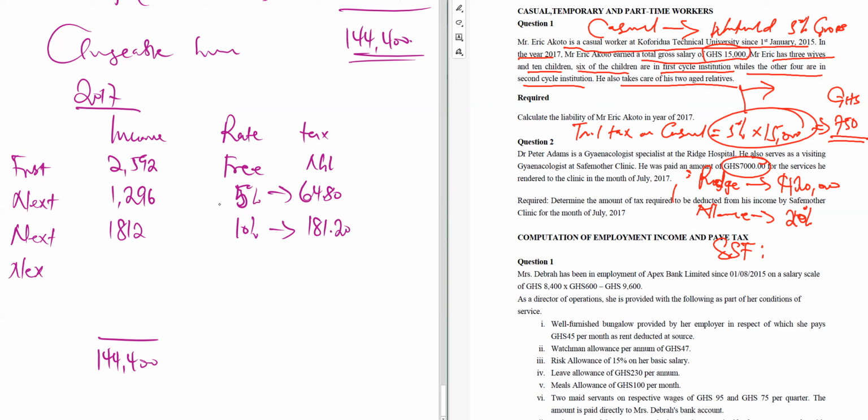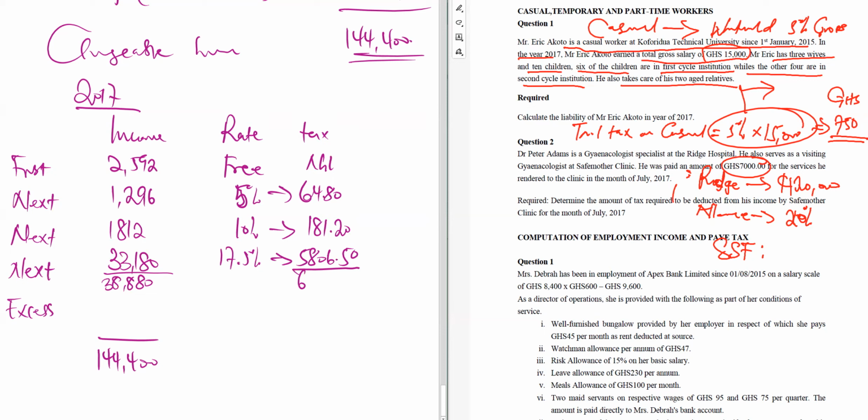The next 33,180 will be taxed at 17.5%, giving us 5,806.5. Okay, then the excess, which is after comparing all these things, right? When you add all these up, you end up with 38,880, compared to 144,400. The difference is what you are going to tax. When you add all these taxes, it's going to give you what?